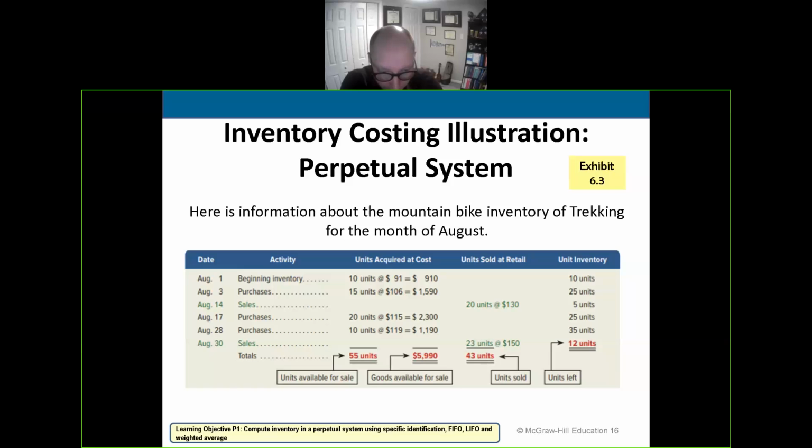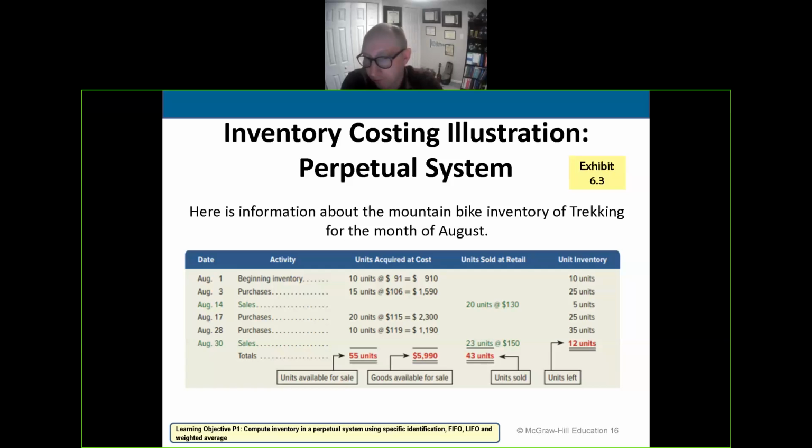Throughout the month, I had 55 bicycles that I purchased, at a total cost of $5,990.